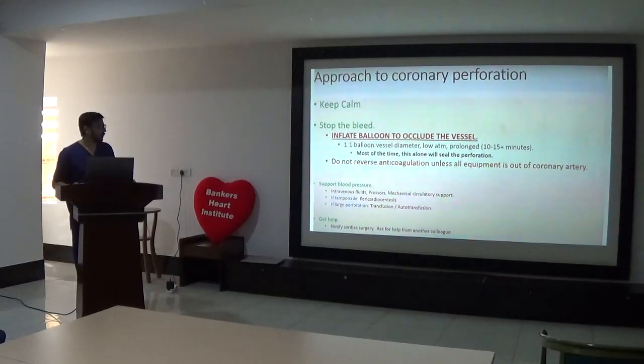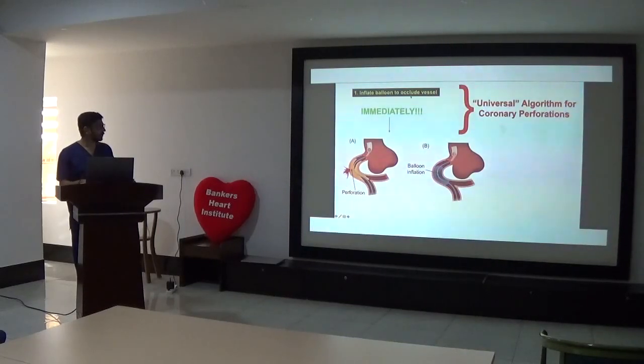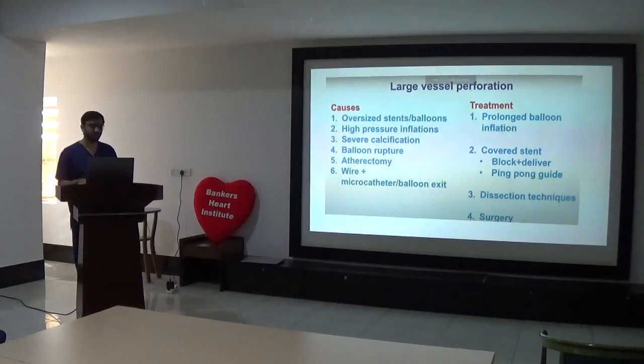Do not reverse anticoagulation if a wire or balloon is inside the vessel, and do not give protamine, because it will lead to thrombogenicity and thrombus, and you will get stuck. Along with this, watch the hemodynamics of the patient, and provide inotropic support with either IABP or LV assist device, or pericardial surgery. So proximally occlude the vessel. These are the first and foremost steps.